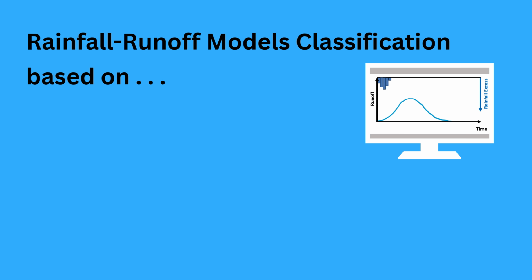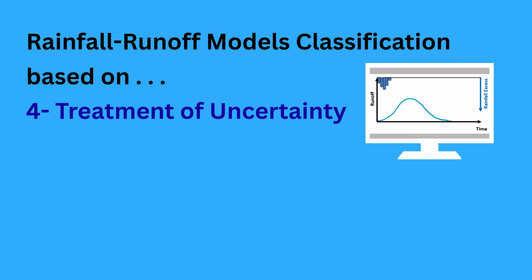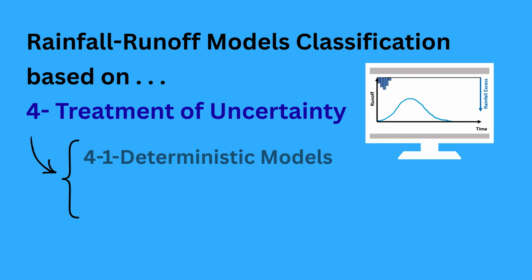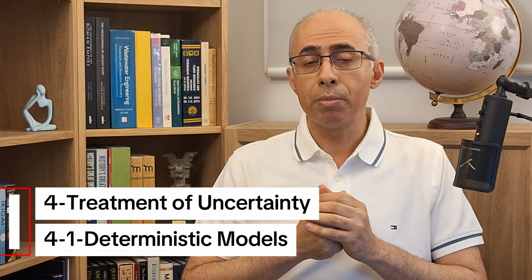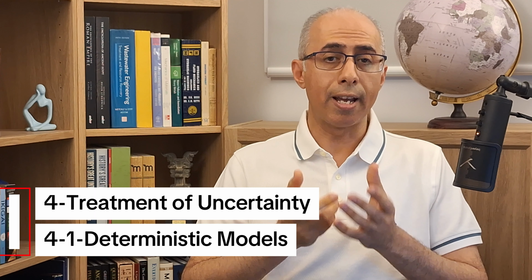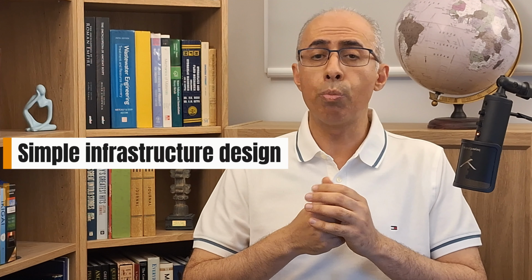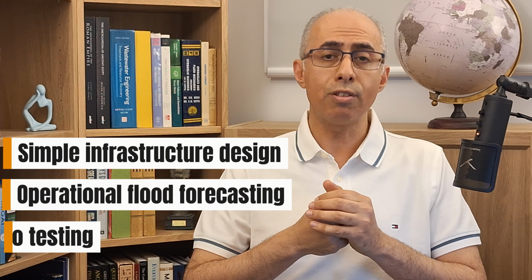Based on how a model treats the uncertainty, rainfall runoff models can be classified as deterministic or stochastic models. Given the same inputs, the deterministic models always produce the same output. This is the standard approach in most engineering applications, and the majority of rainfall runoff models fall in this category. These models are best suited for simple infrastructure design, operational flood forecasting, and scenario testing.